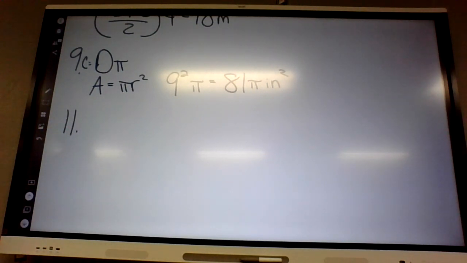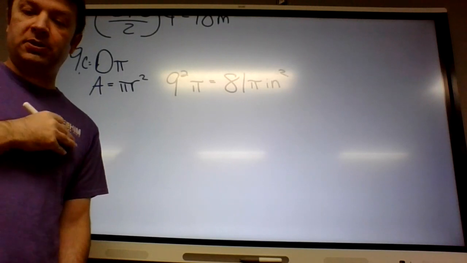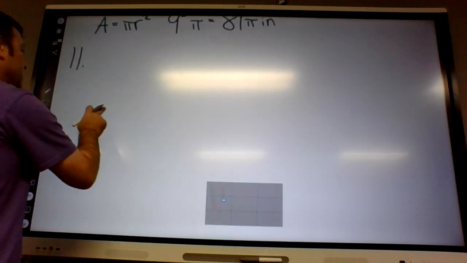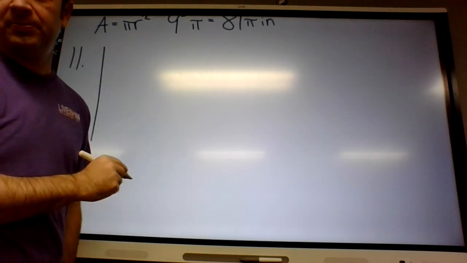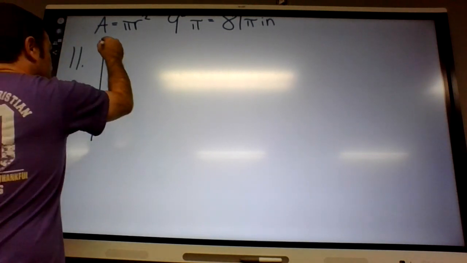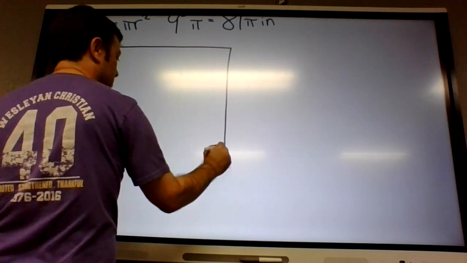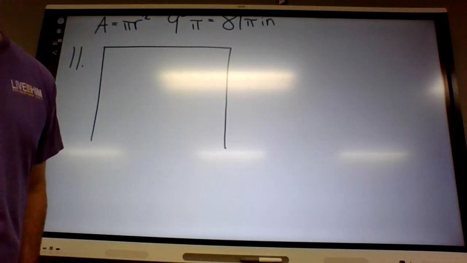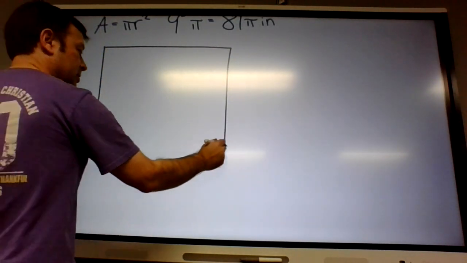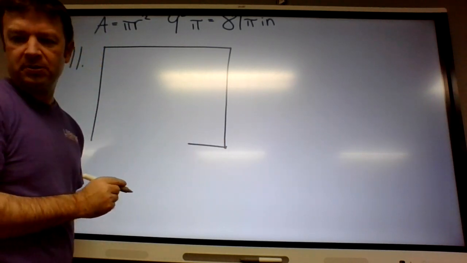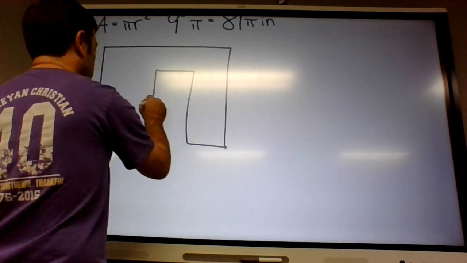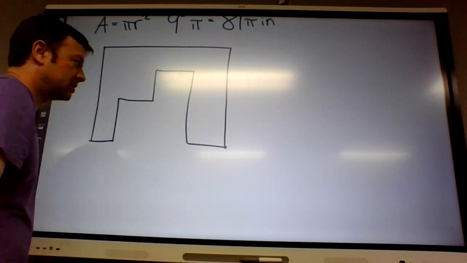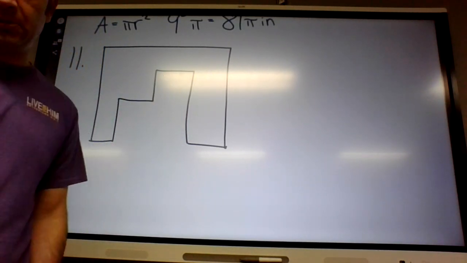Number 11. Uh-oh. Jarrett, what? I'm crying. How do we do 11? Like, in general, what's the plan of attack? Pretty close.